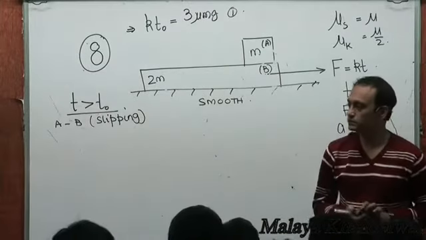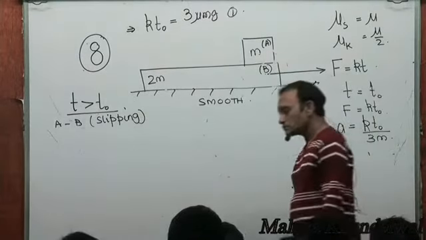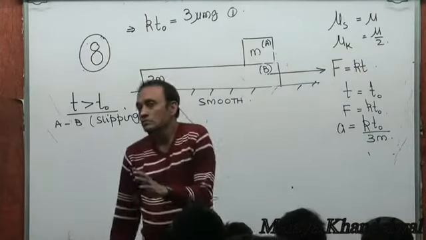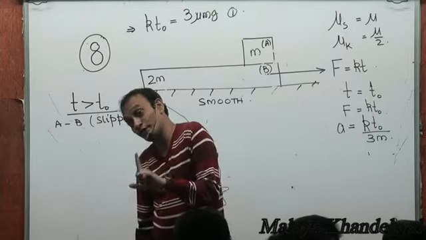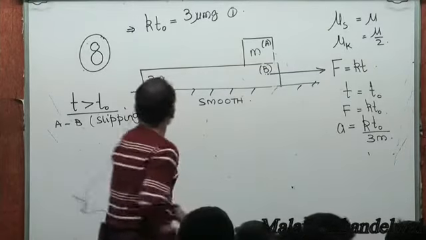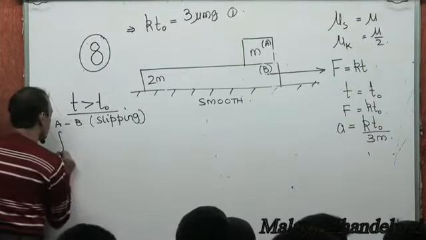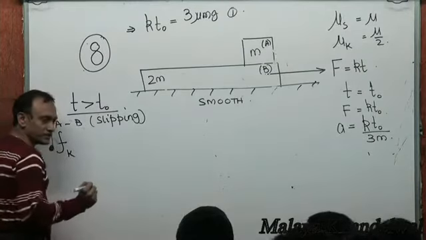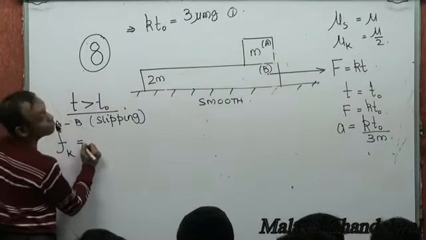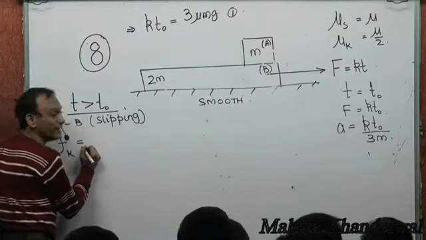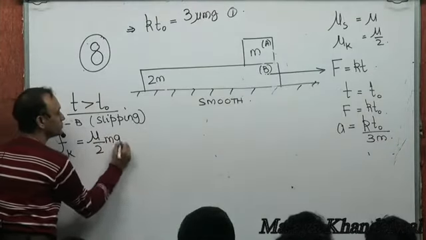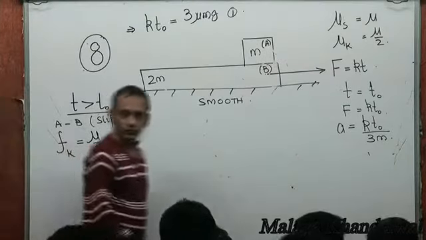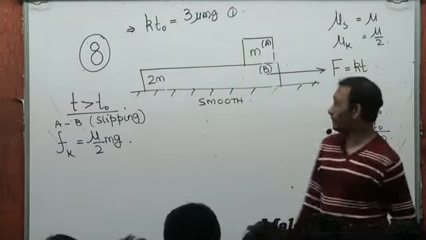Clear? And if there is slipping, the frictional force now will not be maximum static, it's going to be kinetic, right? So the frictional force between the two is going to be mu k into mg, which is going to be mu by 2 into mg. Yes or no?